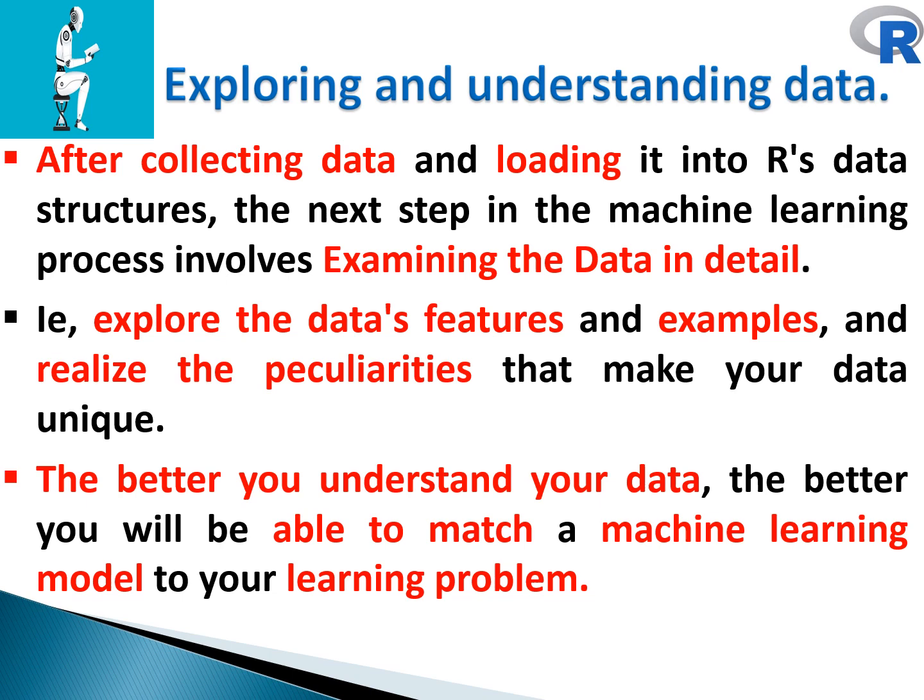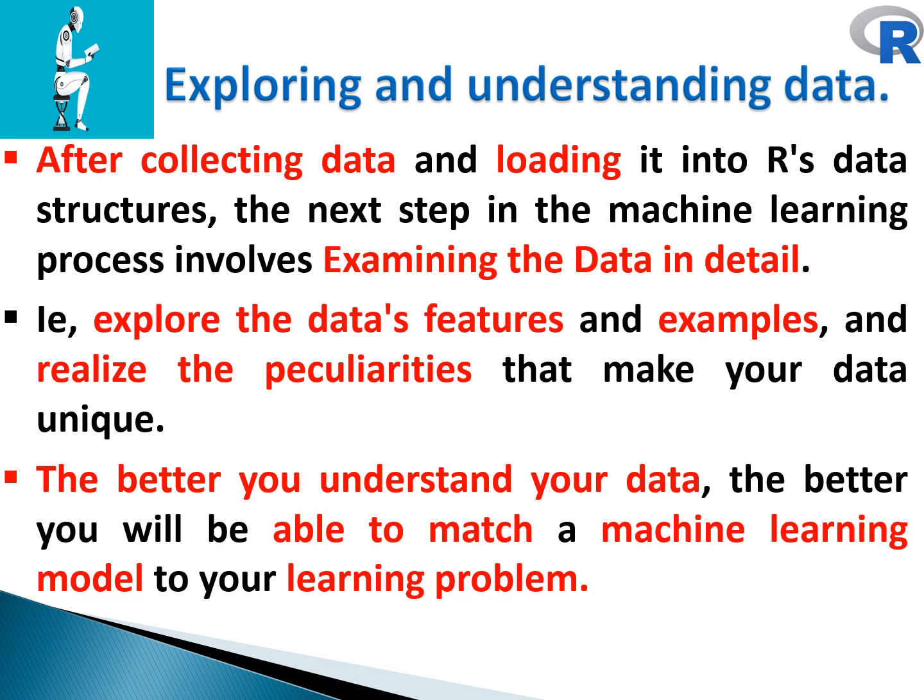The primary stage in machine learning is to collect the data. In the second stage, that is abstraction, we have to examine the data in detail and identify the various patterns. That is, explore the data features and examples and realize the peculiarities that make your data unique.